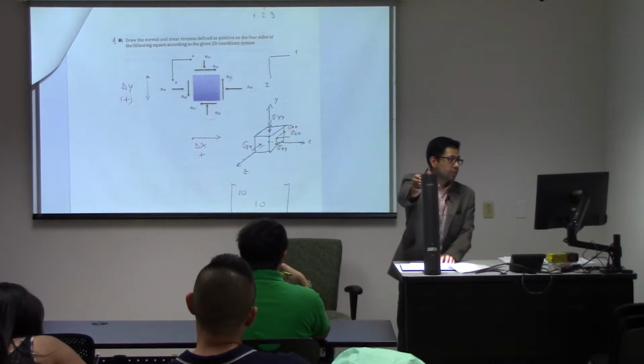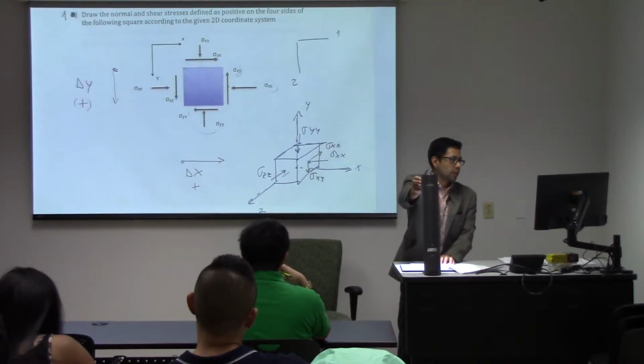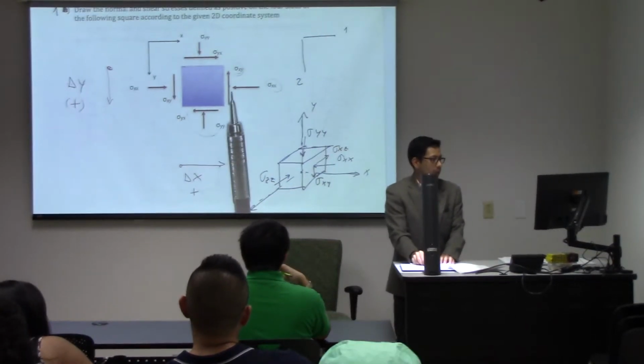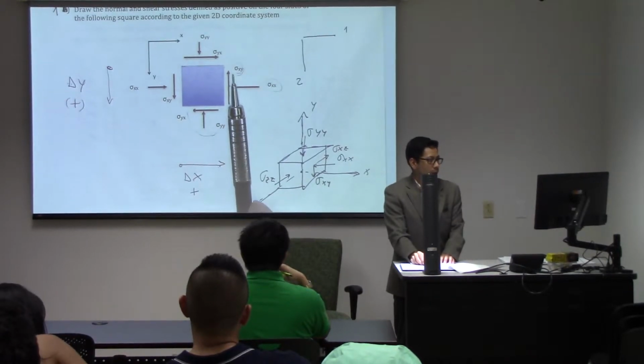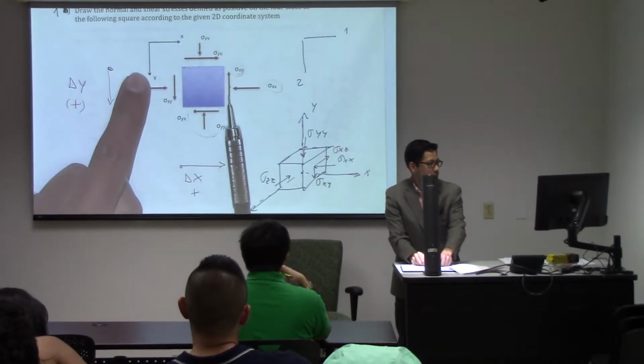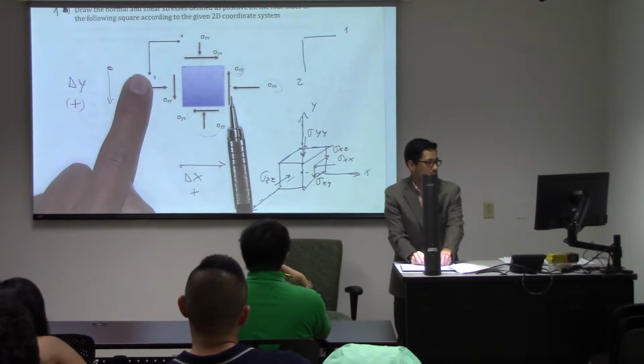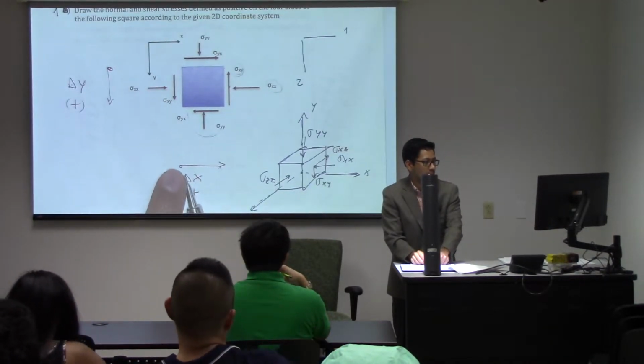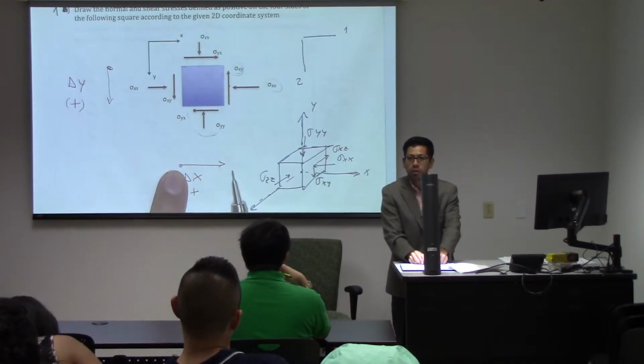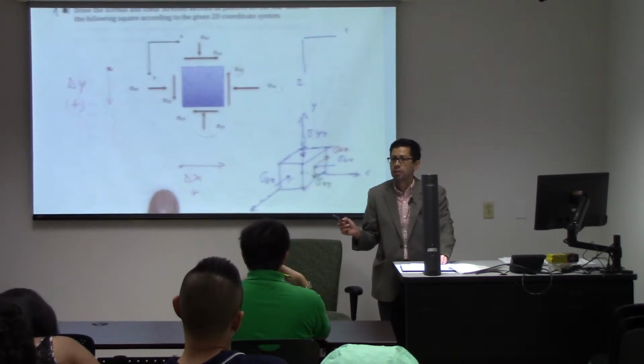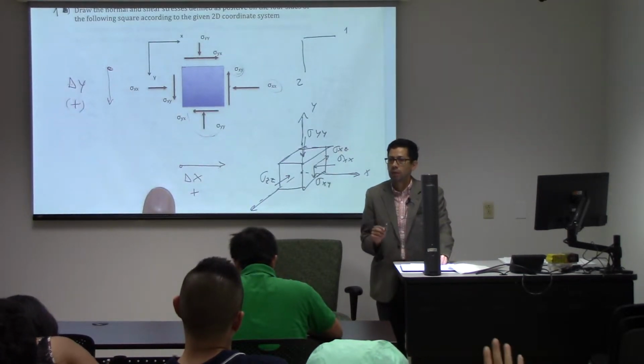Well, it's the same thing as we have done here. Positive will always be in the opposite direction of the axis after going a positive amount. So it's the same as the normal stress. It's the same thing. Okay?